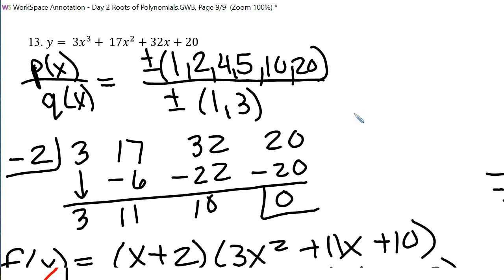So negative 2 is one of the x-intercepts, and negative 5/3, 3 goes into 5 one time, there's 2 left over, so that would be negative 1 2/3. Okay. Now we have to determine what it is going to look like.